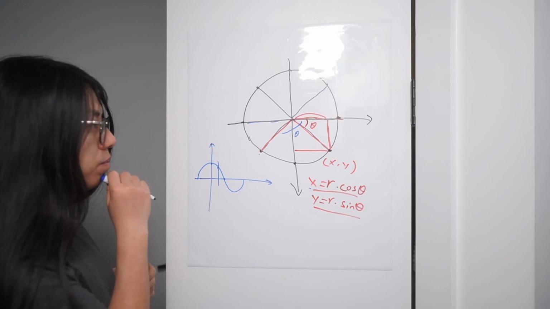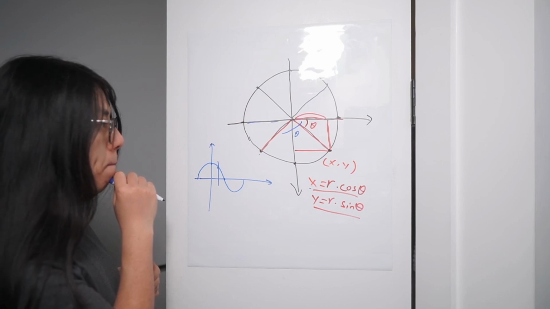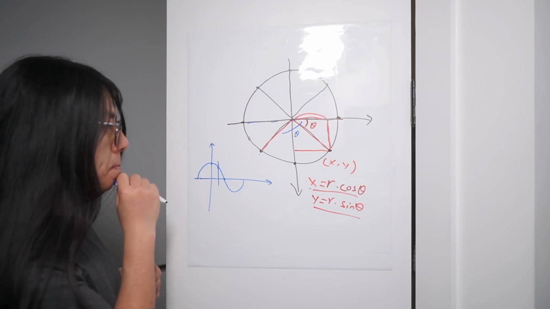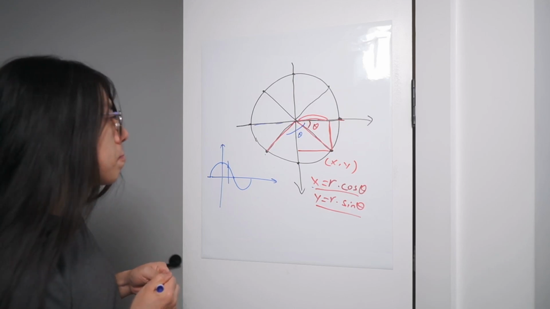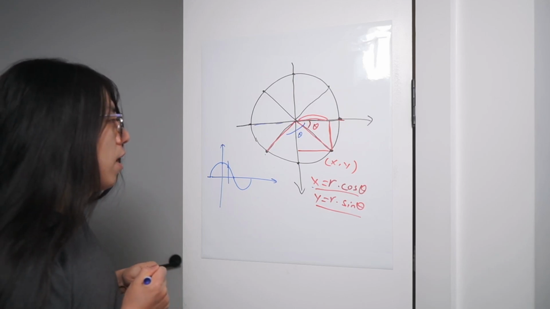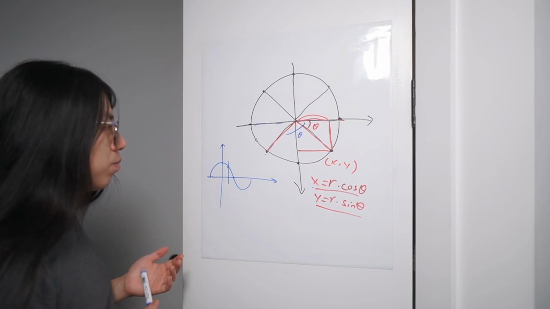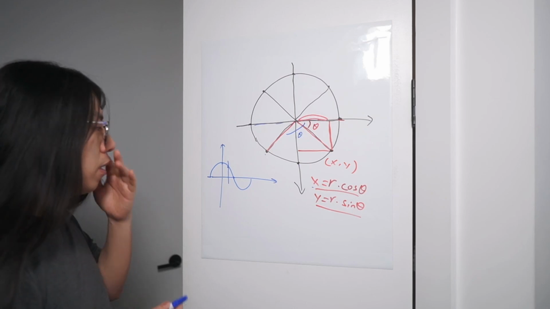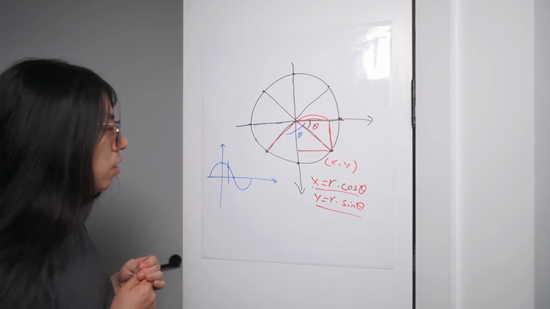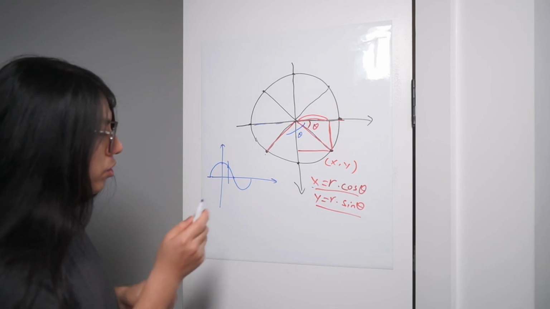What did I do wrong? If you know why, I can imagine there's probably going to be a lot of comments telling me what's wrong once I post the video, but I really can't think of what is going on here. X cosine theta.